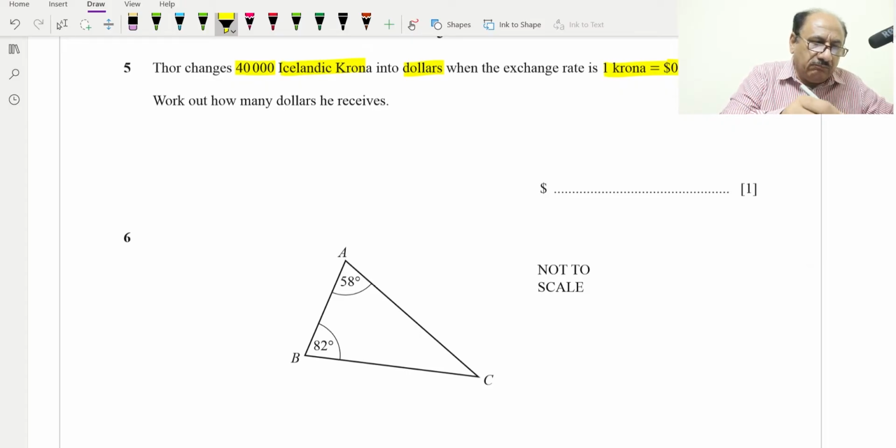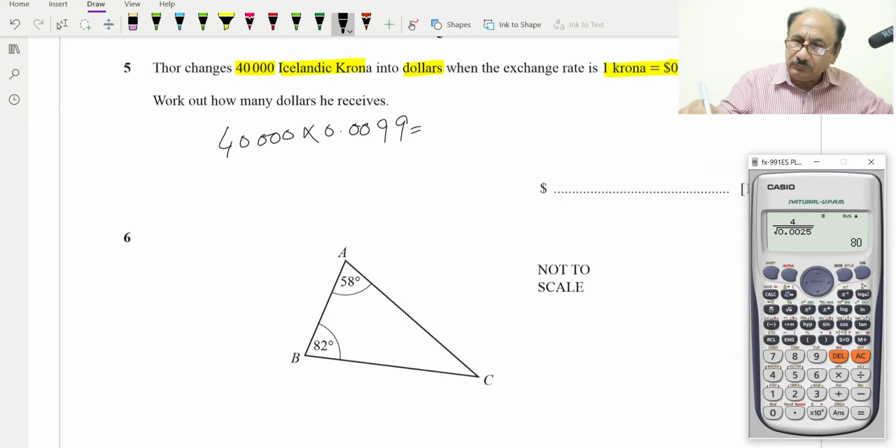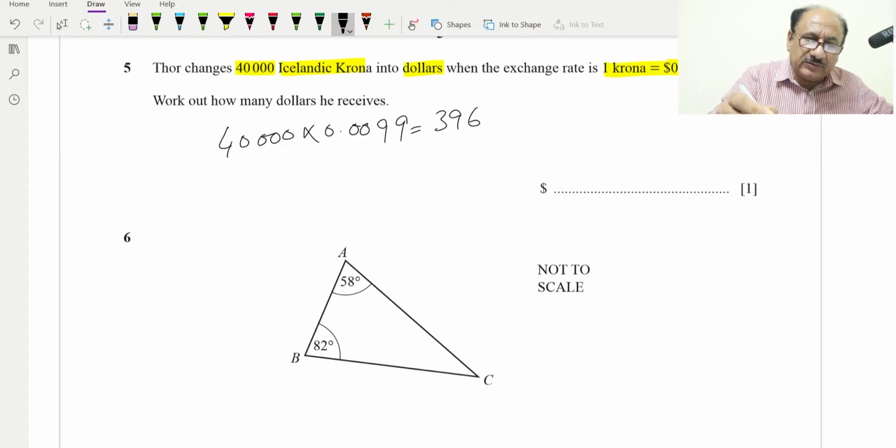So in this case we can multiply 40,000 by 0.0099, and this will be equal to 396.